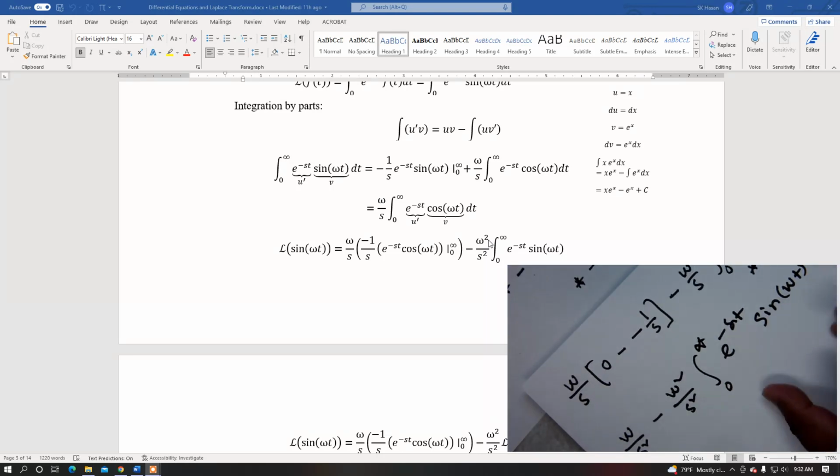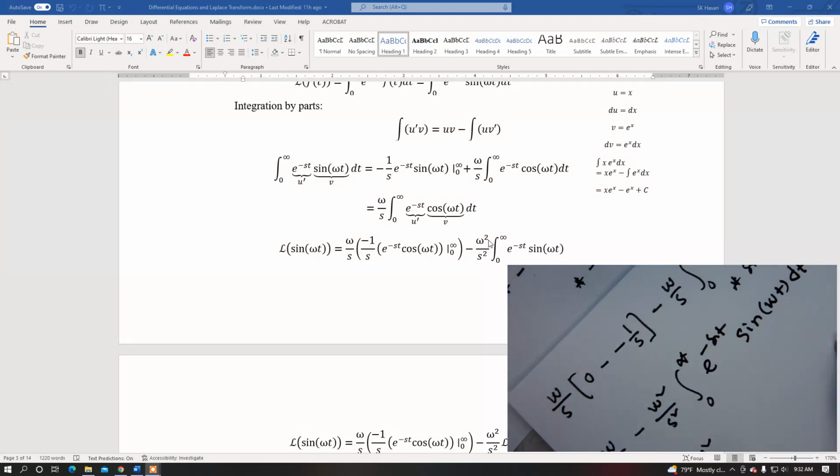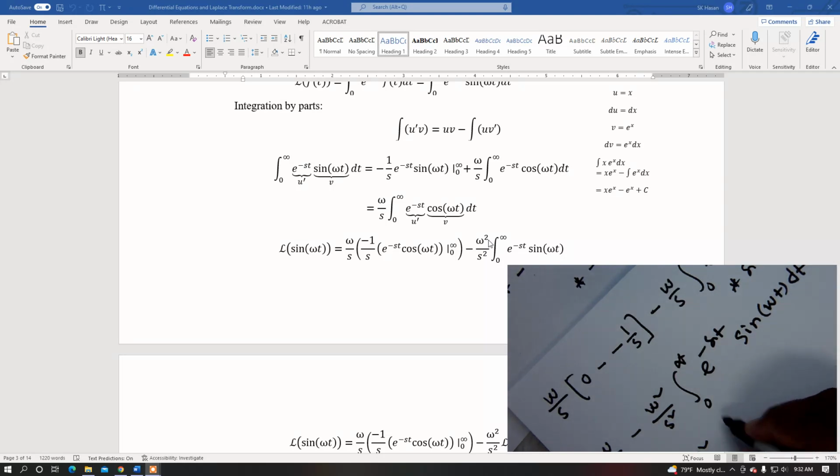So from here we can write omega over s square minus omega square over s square times the integral from 0 to infinity of e to the power minus st sine omega t dt.